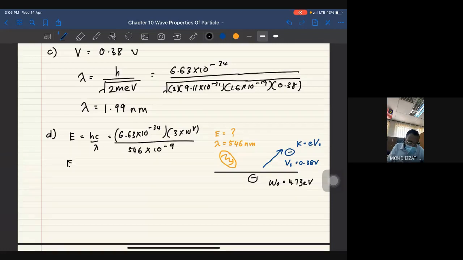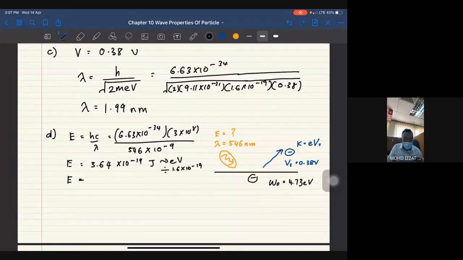So your energy should get an answer, but that one will be in joule. And if you want to compare it, you need to have the same unit. Okay, let's see if I convert this one to eV. So basically, I divide by 1.6 times 10 negative 19.